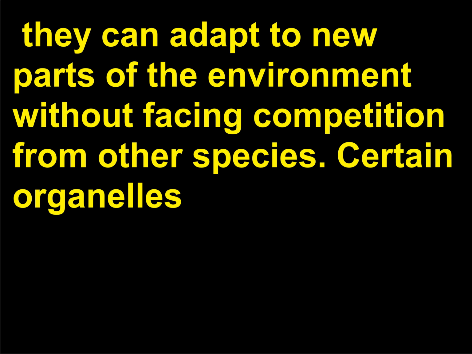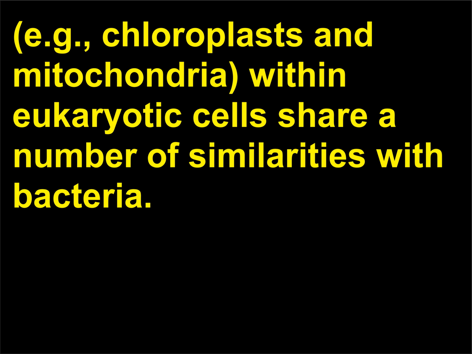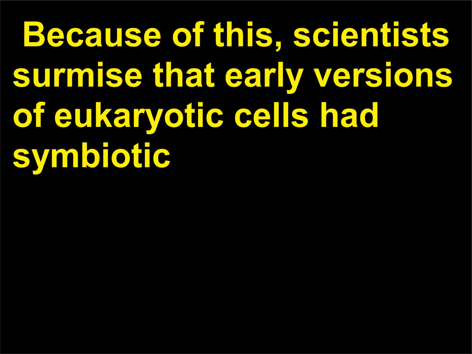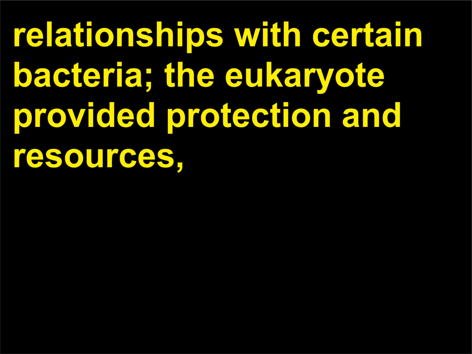Certain organelles, for example chloroplasts and mitochondria, within eukaryotic cells share a number of similarities with bacteria. Because of this, scientists surmise that early versions of eukaryotic cells had symbiotic relationships with certain bacteria.